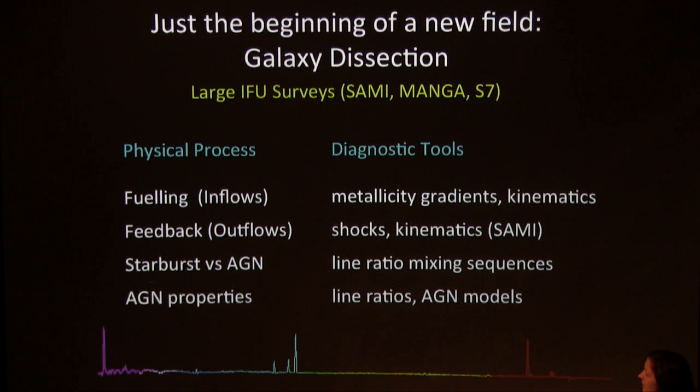If we want to separate star formation from AGN, we can use the line ratio mixing sequences in combination with the morphological information, so line ratio maps. And then if we want to measure the AGN properties, then we can look at line ratios as well as AGN models. Same goes for the starburst models. And so we're at the beginning. This is just the beginning, and it's an amazing field to be in and to see this progress.